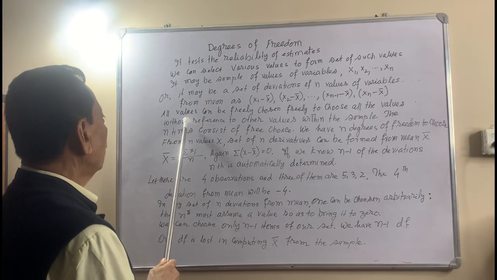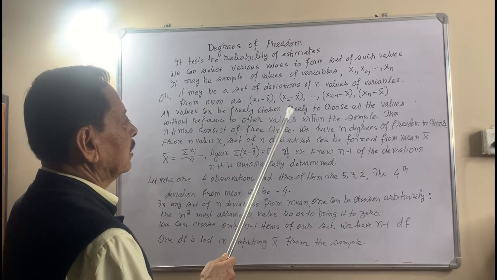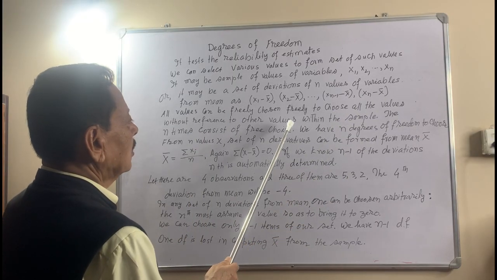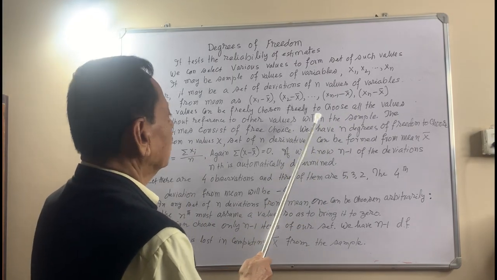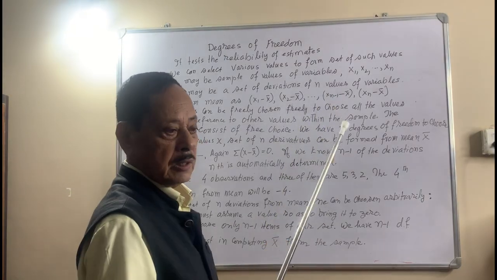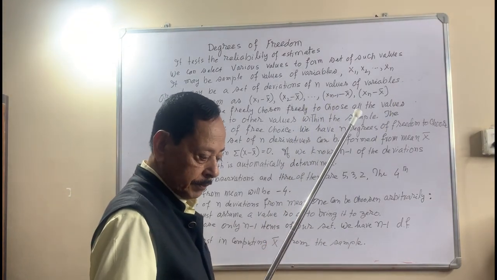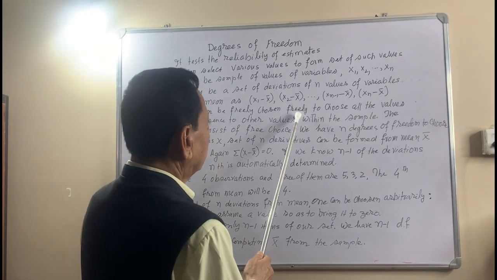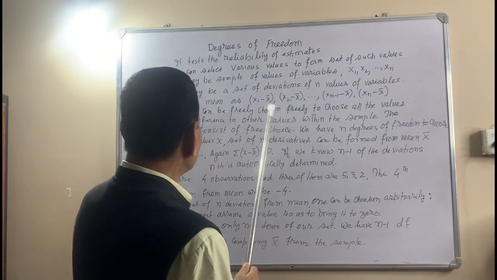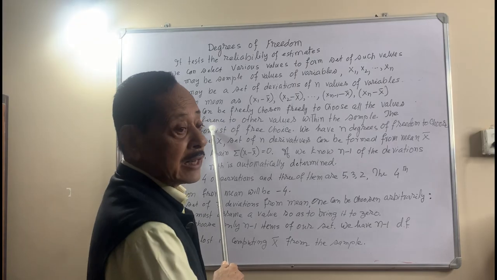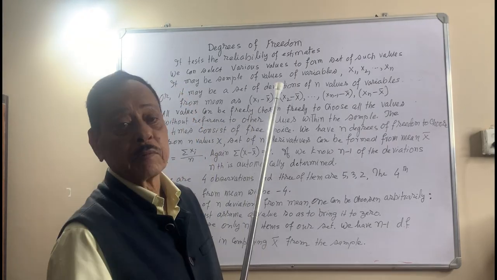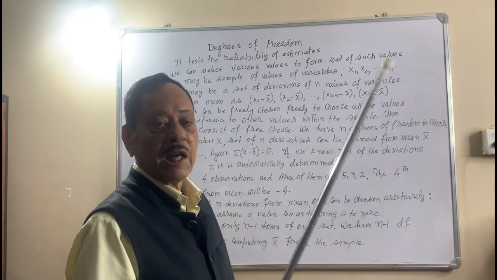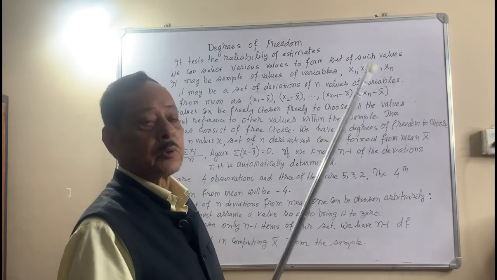So it may be a sample of values of variables, or simply mean deviations. All values can be freely chosen, without reference to other values within the sample. There is free hand. There is no restriction, or any need of reference to earlier values to choose a value. It is not like choosing x5 because x4 was chosen.